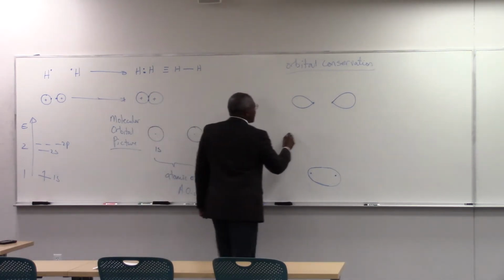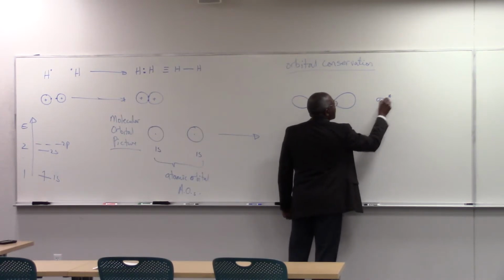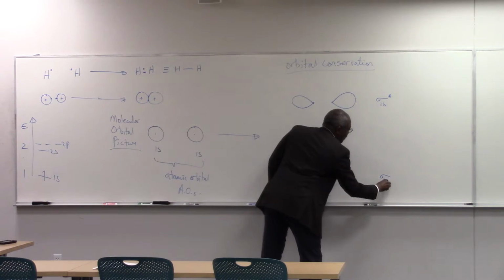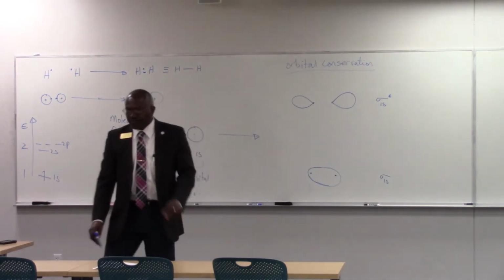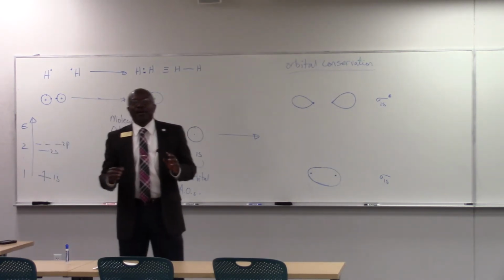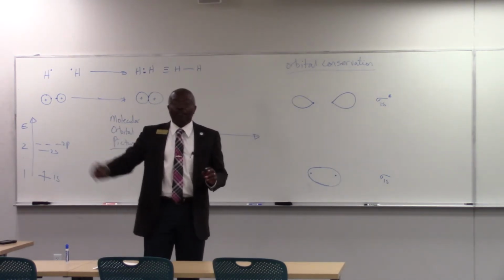I call this one the sigma star 1s, and this one the sigma 1s. Okay. Let's talk about that for a little bit. Sigma orbitals are one kind of molecular orbitals. We talk about sigma and pi's.